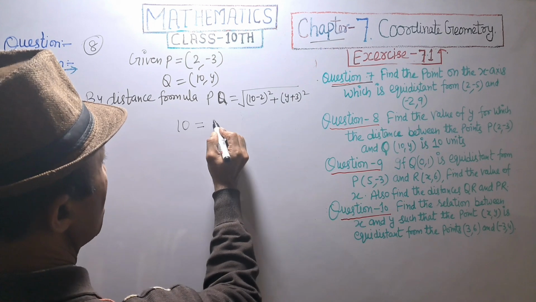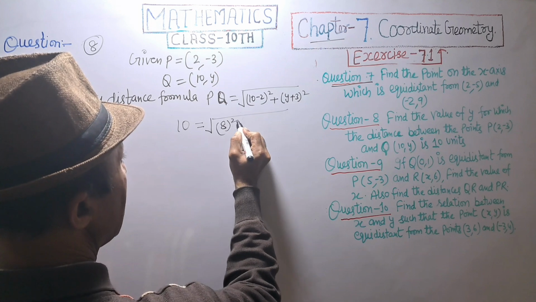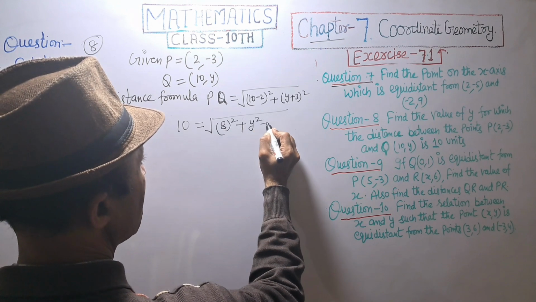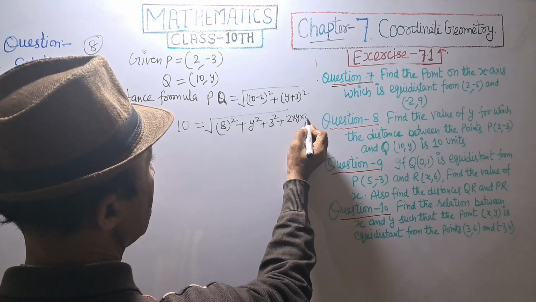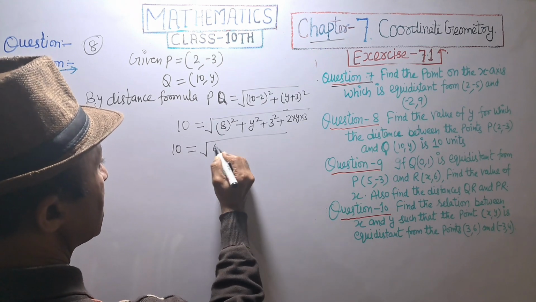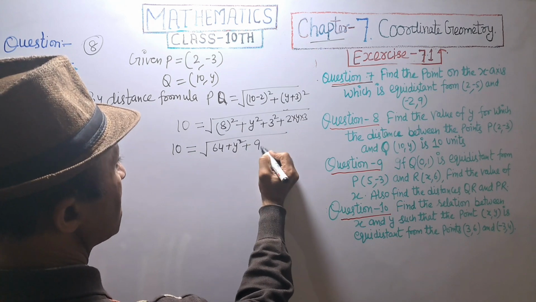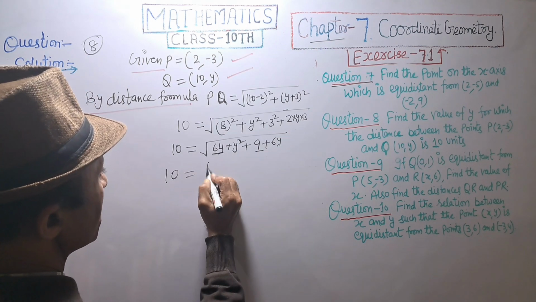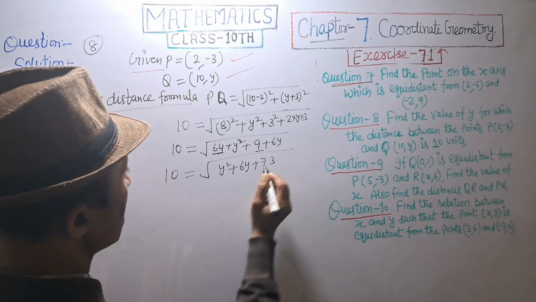So 10 is equal to under root of 10 minus 2 is 8, 8 square plus (y plus 3) whole square. (a plus b) whole square can be written a square plus b square plus 2ab. 8 8s are 64 plus y square plus 3 3s are 9 plus 3 2s are 6y. 10 is equal to under root of y square plus 6y plus 73.